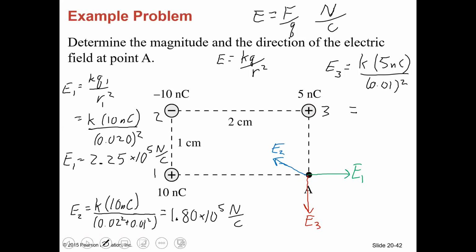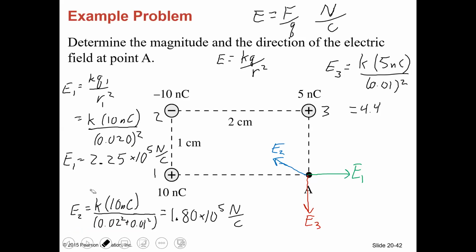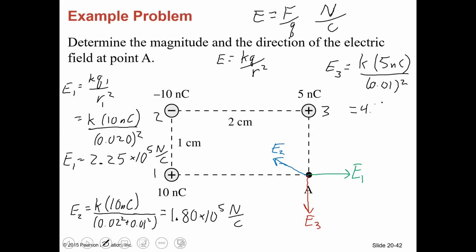So we get, well, if I round it to 3 sig figs, 4.50. Did I do that right? Yeah, looks right. 4.50 times 10 to the 5 newtons per coulomb.